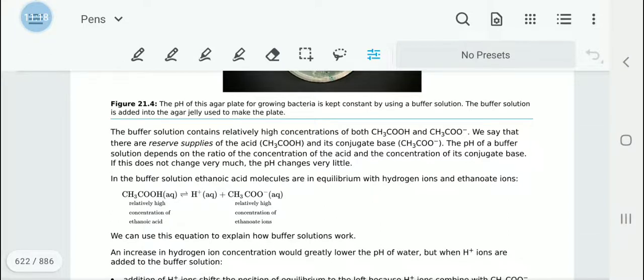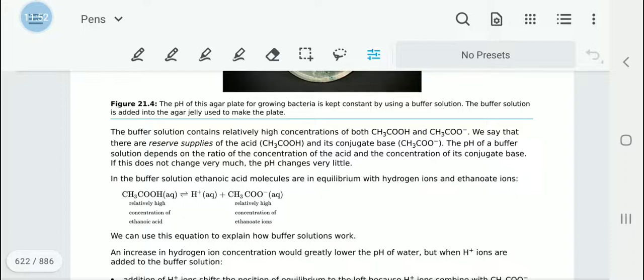Because there is a reserve supply of both the acid CH3COOH and its conjugate base CH3COO-, their ratio will define the pH value.